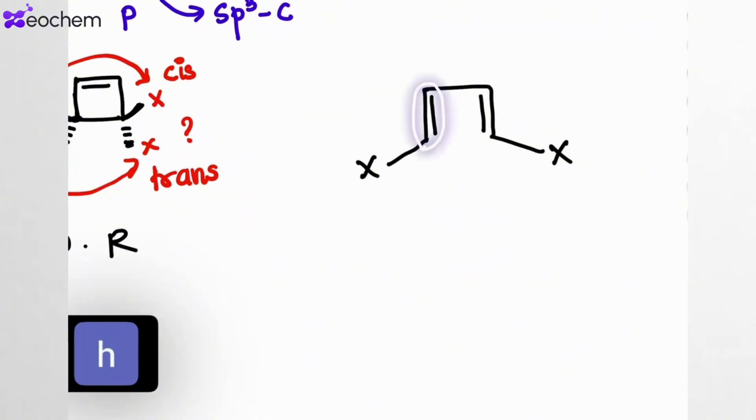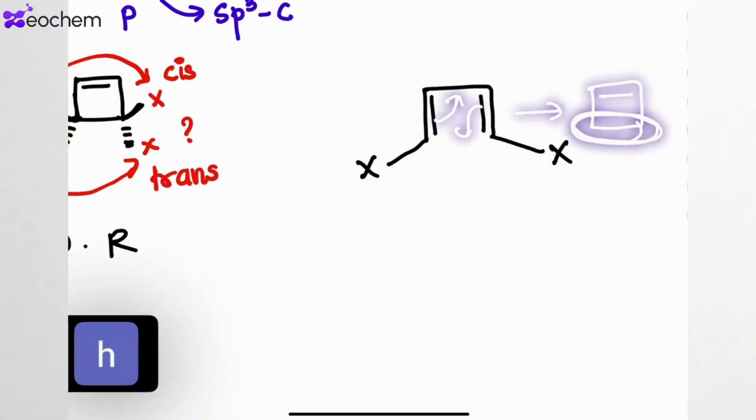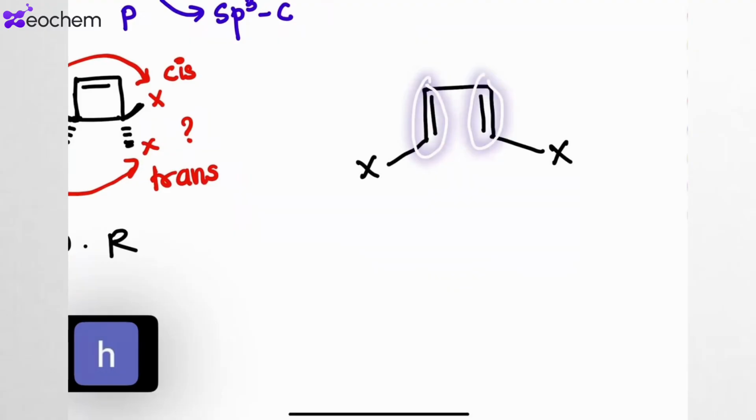This bond and this bond. Because after the reaction happens, the product will be like this, and at that time we need to mention the stereochemistry of this bond. So before that, we'll look at the stereochemistry of these two. That means if this bond is cis, what is the stereochemistry of this bond? That we are going to see here.